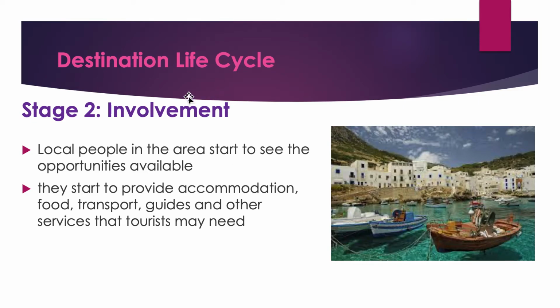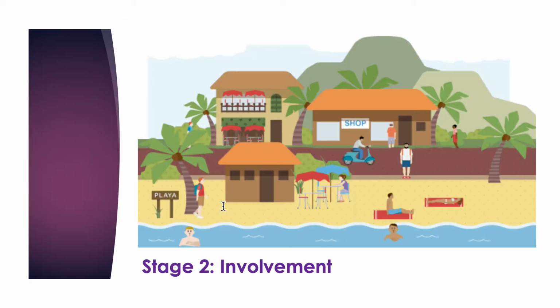As the stage progresses, some marketing efforts to promote the attraction are put in place, and the tourist season is recognized. This stage puts pressure on local and national authorities to contribute to the development of the area by providing and improving transport infrastructure and other facilities for visitors. For example, better roads and better facilities on the beach and the roadside.